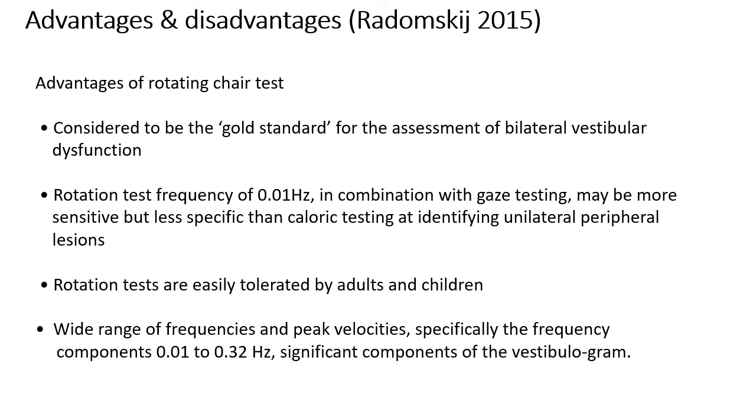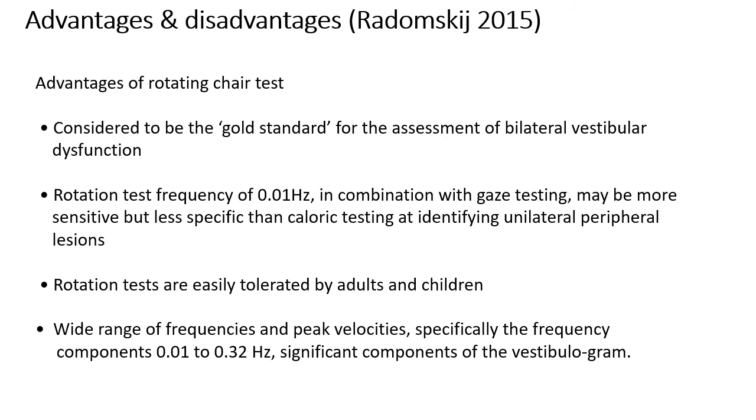So now let's move on to the advantages and disadvantages of the rotating chair, studies by Radomskic in 2015. The rotating chair is considered to be a gold standard for the assessment of bilateral vestibular dysfunction because this test stimulates the ears simultaneously, different as compared to caloric testing.